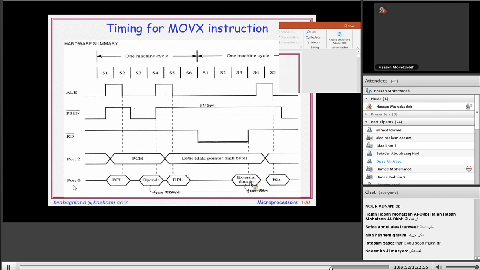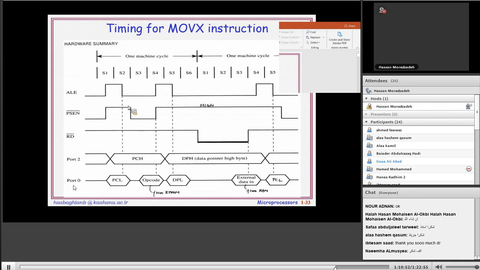Reading from RAM, here reading from ROM, but in all of them, Port 2 is used as PCL, PCH, that means the higher byte of program counter, or DPH, that means the higher byte of data pointer.